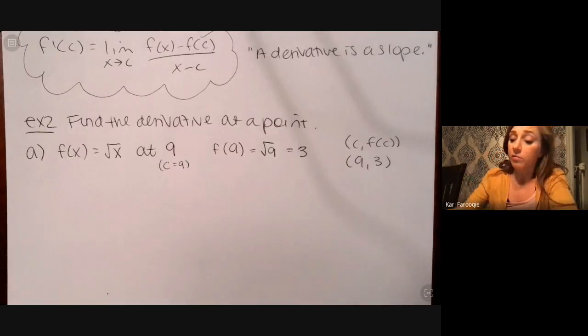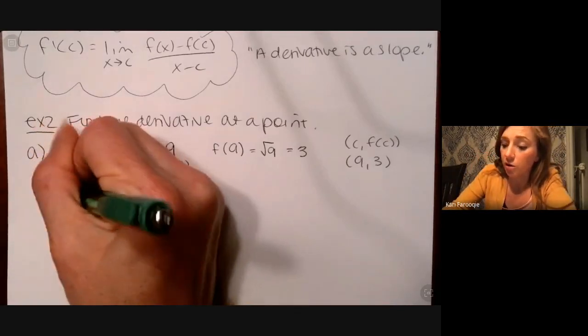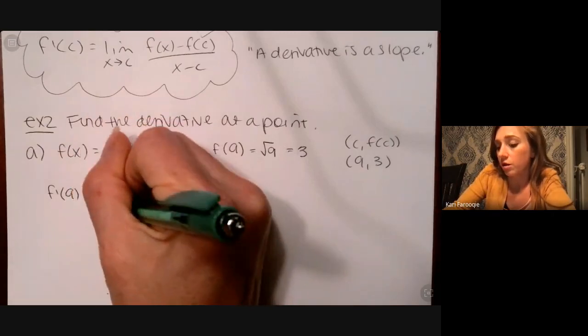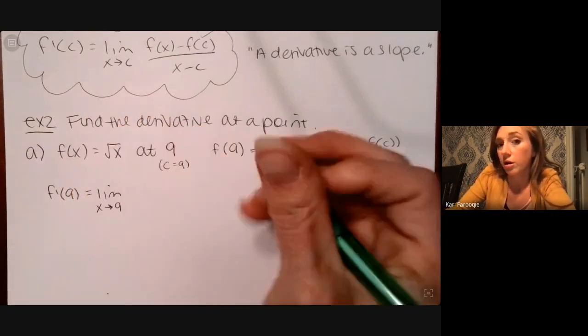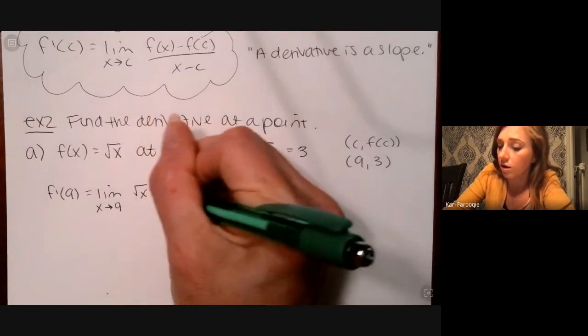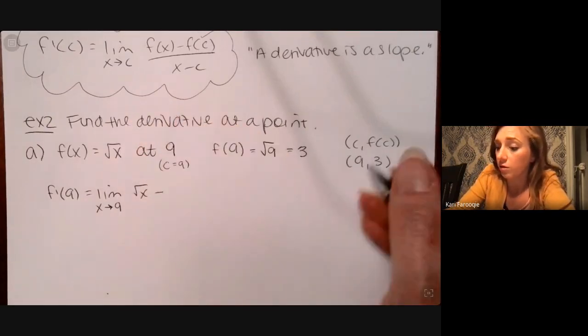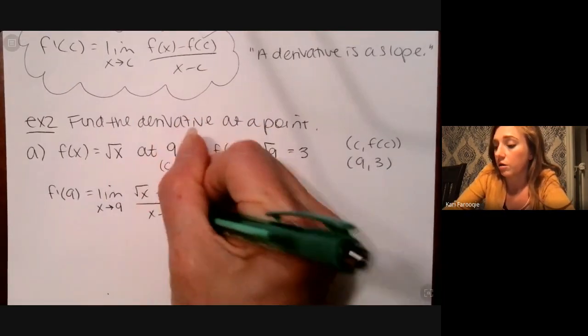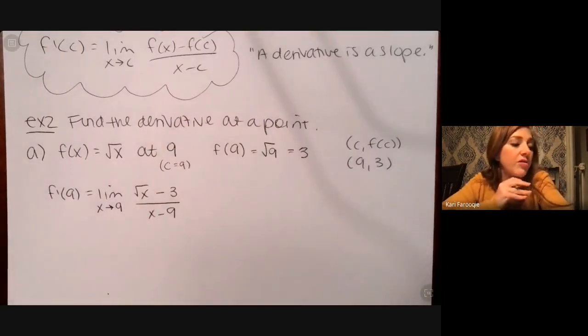Okay, and then what we have to do is find f prime at 9, which is equal to the limit as x approaches 9 of f of x, which is the square root of x, minus f of c, which we just found to be 3, divided by x minus c, which is x minus 9. Two ways of doing this.